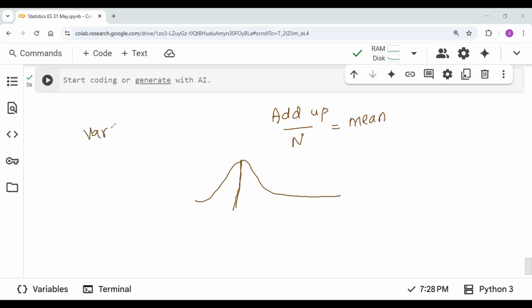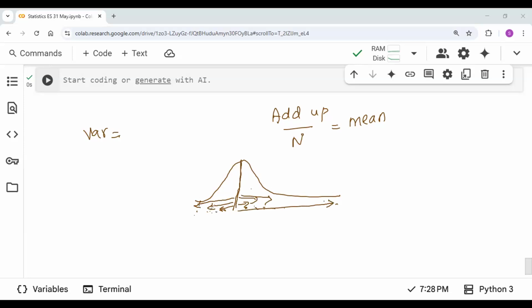The concept of variance gives you the average of the deviations, actually. Here you have data points, here also, here also. It is not one data point, it is a group of data points. So what is the deviation value here, and here, and here?